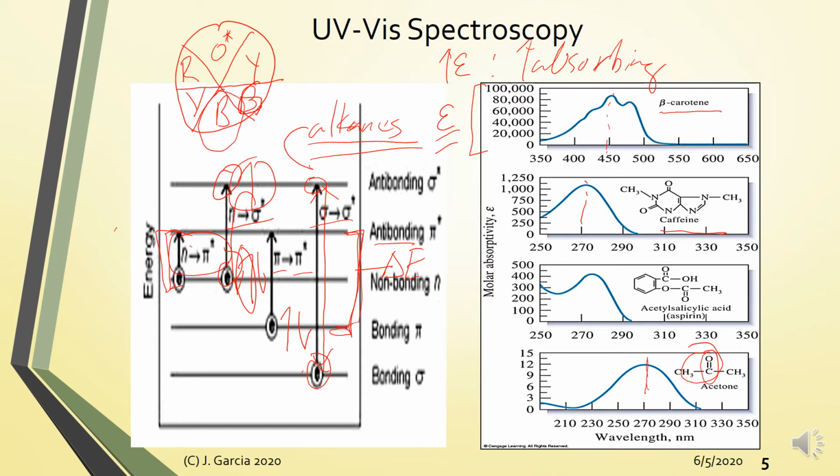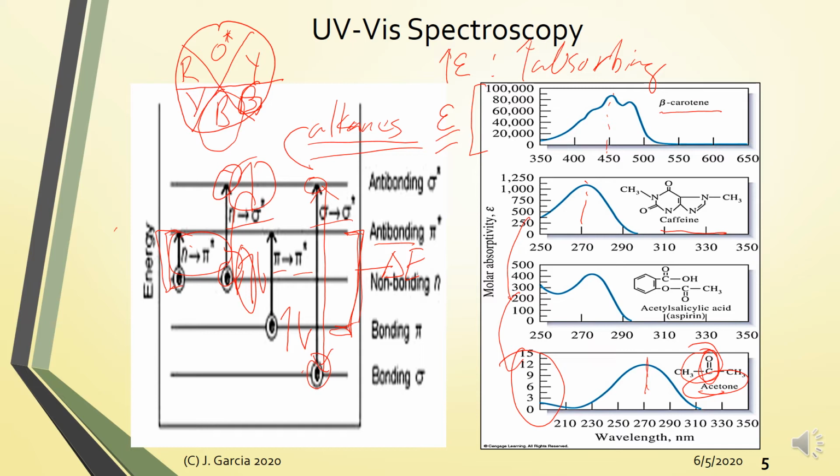As you can see here, even if acetone can absorb UV-visible radiation, its molar absorptivity is relatively lower compared to the other examples. You can recognize why: it only has that carbonyl functional group that can absorb UV-Vis radiation.